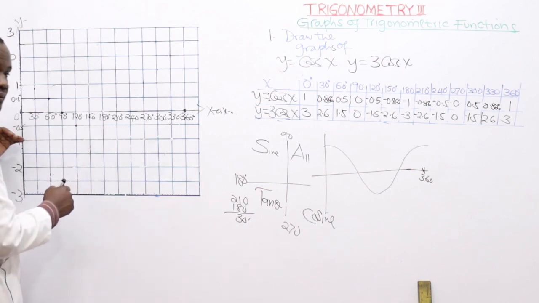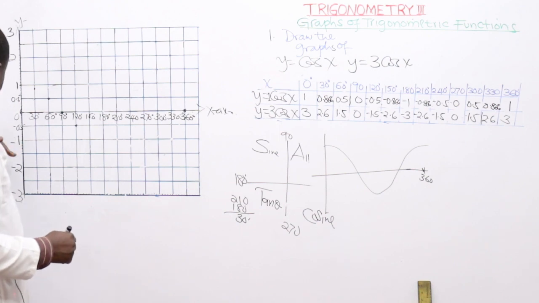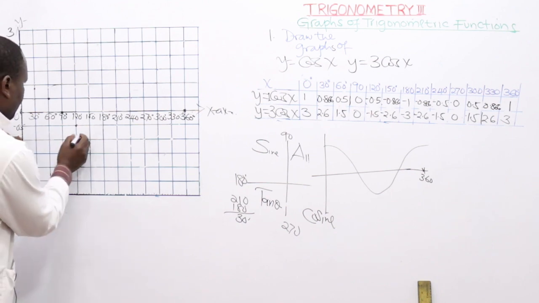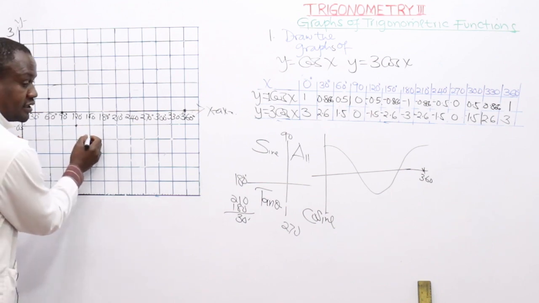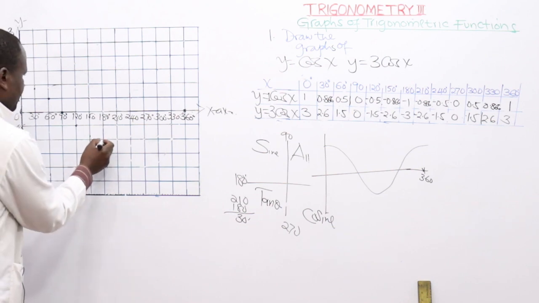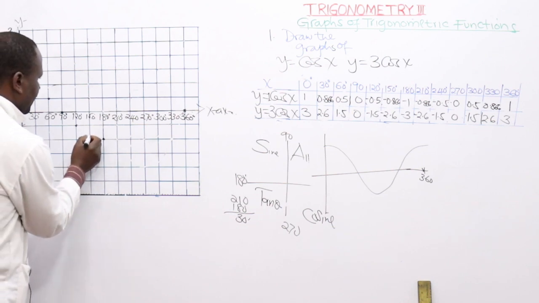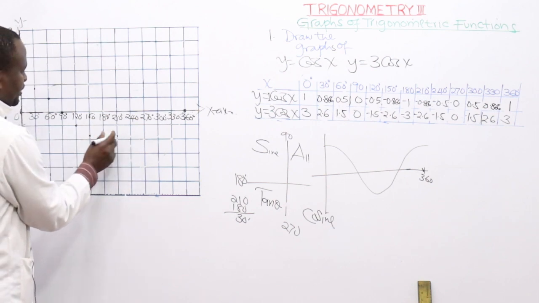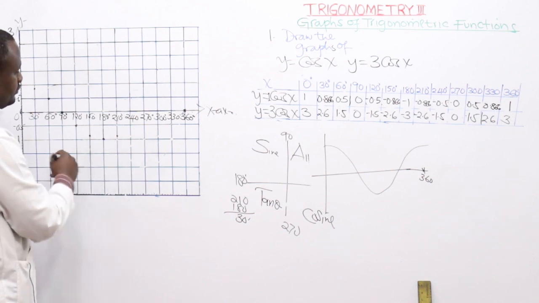You check in your graph where there is 1, 2, 3, 4, 6, 7, 8, 9. So somewhere between 8 and 9. Negative 1 should be easy to find. Then the rest just repeats themselves. They are parallel.